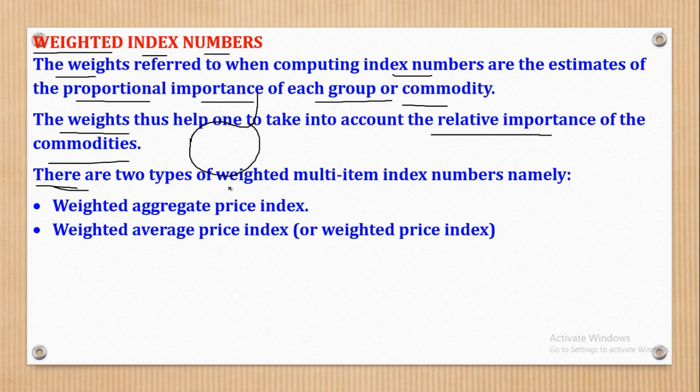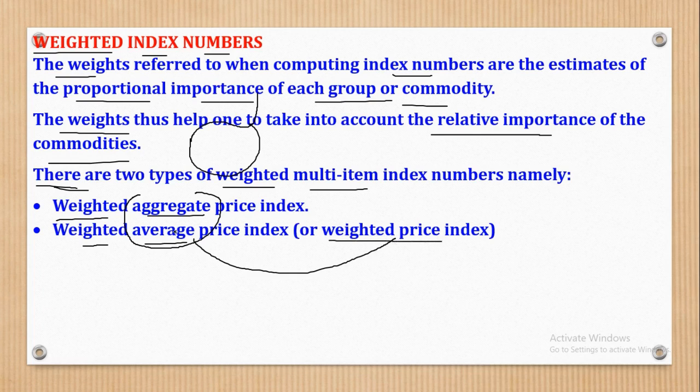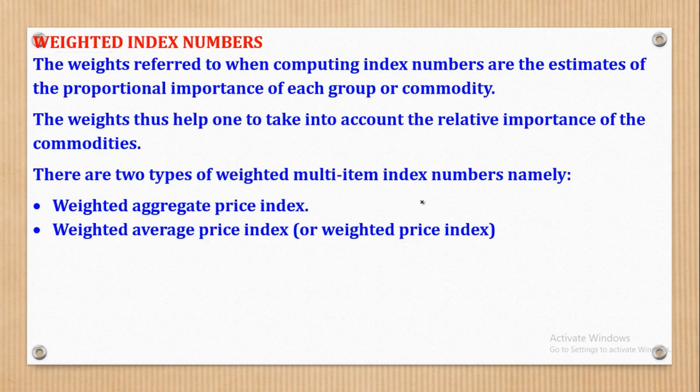So there are 2 types of weighted multi-item index numbers, namely weighted aggregate and weighted average. Like under simple or unweighted index numbers, even here when they don't specify whether the price index is aggregate or average, you have to take it to be average. For example, if they just say weighted price index, it implies that they want the weighted average price index.